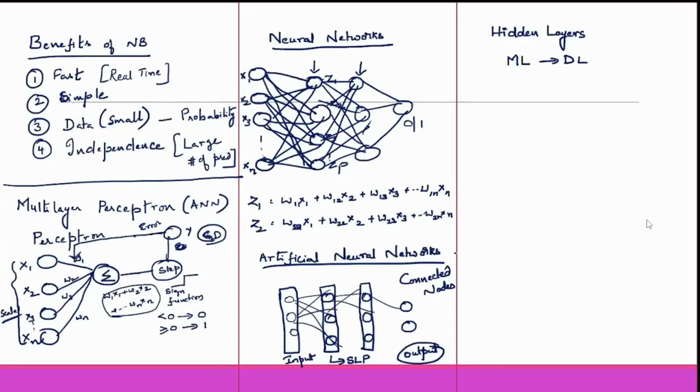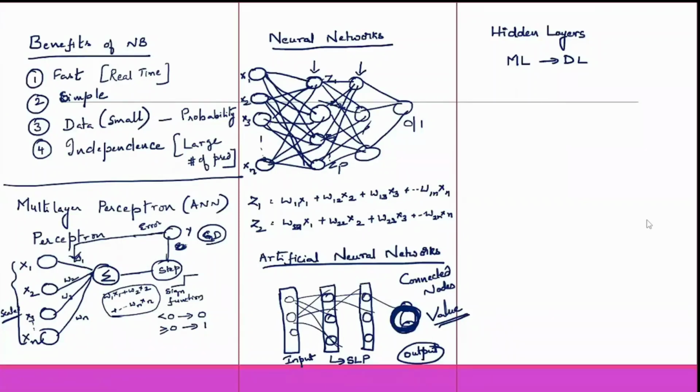So in a regression, this node will be your value. That's it. In regression, there is one single node here in the output, which is your value. So you can very well treat it for regression. You can treat it for multi-class classification.